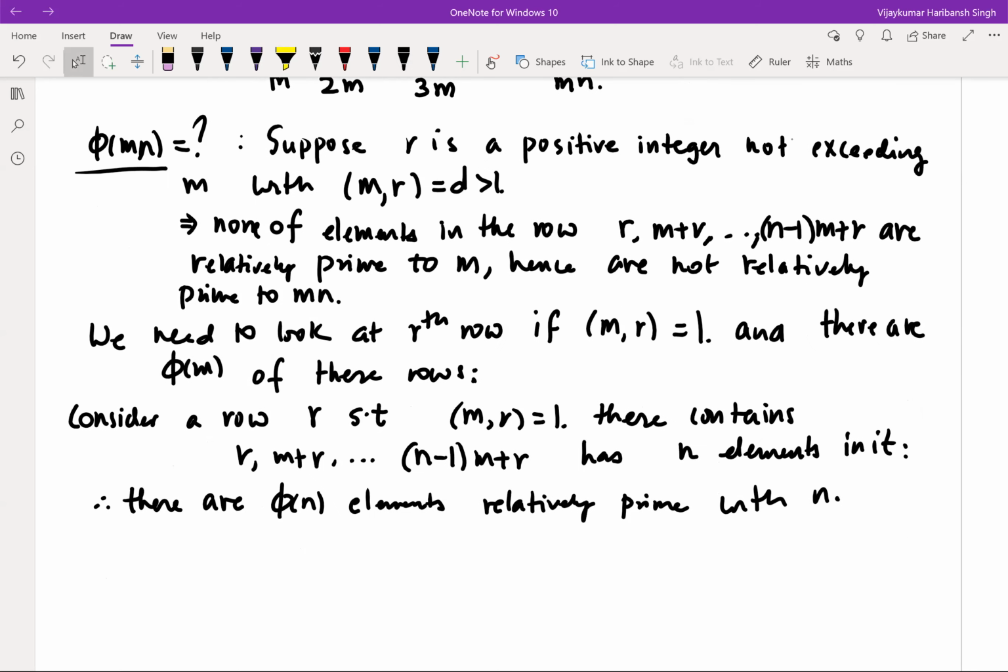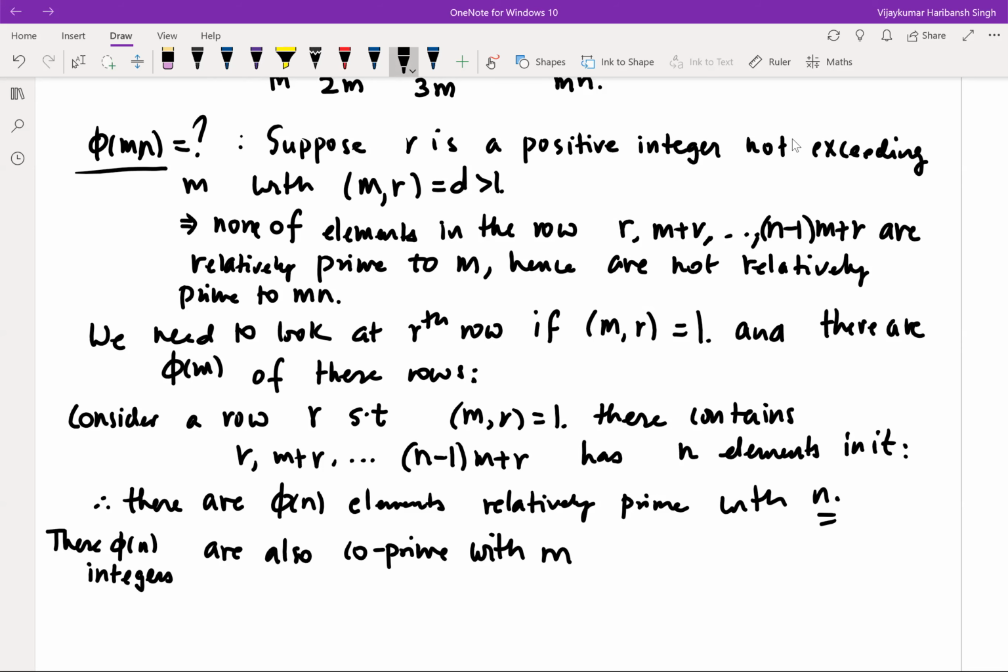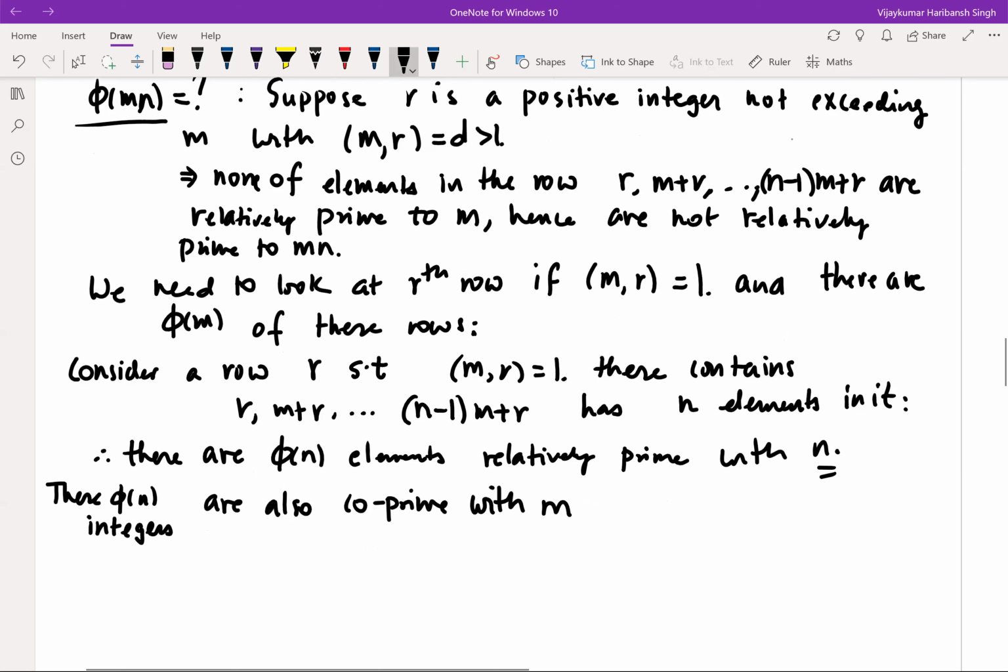Now note that these are also coprime with m. So these phi of n integers are also coprime with m. So therefore, what do we get?